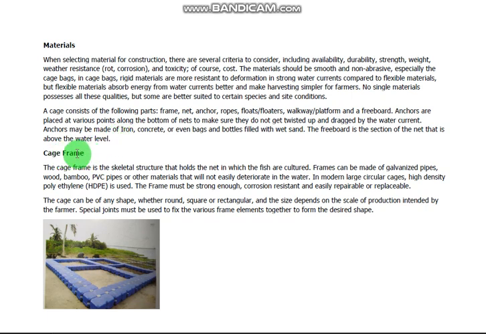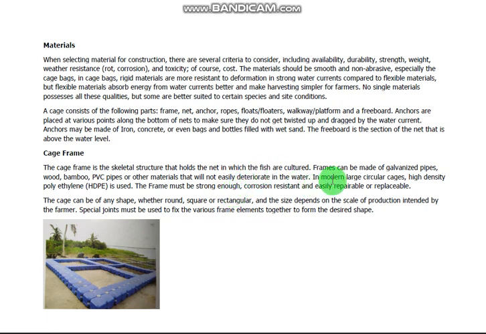So, the cage frame. Let's talk about the cage frame. The cage frame is the skeletal structure that holds the net in which fish are cultured. As you can see in this diagram below, this is the cage frame. Frames can be made of galvanized pipes, wood, bamboo, PVC pipes, or other materials that will not easily deteriorate in water.